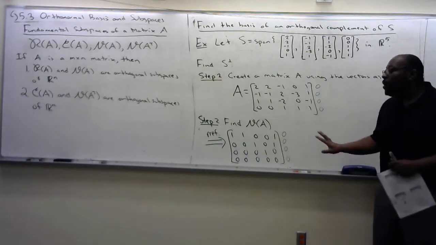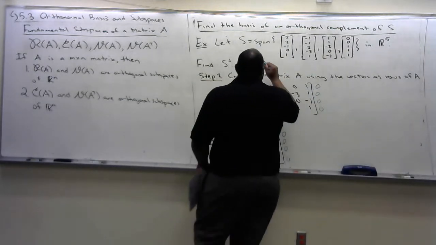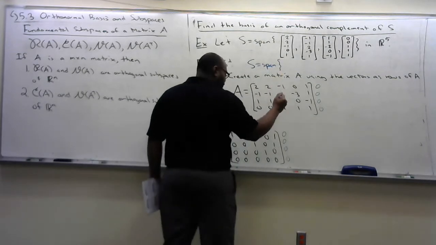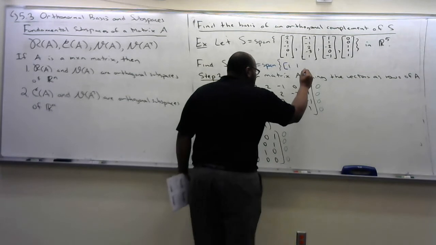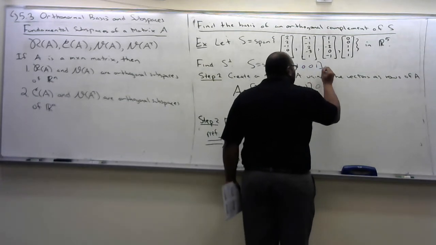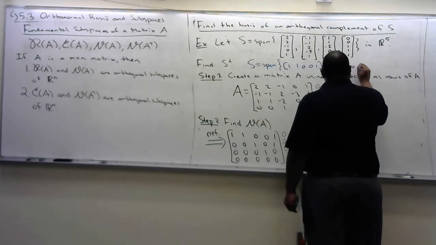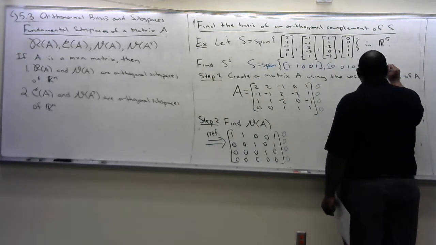You don't have to do this, but I'll put it here on the side: S is equal to the span of 1, 1, 0, 0, 1; 0, 0, 1, 0, 1; and the last one is 0, 0, 0, 1, 0.